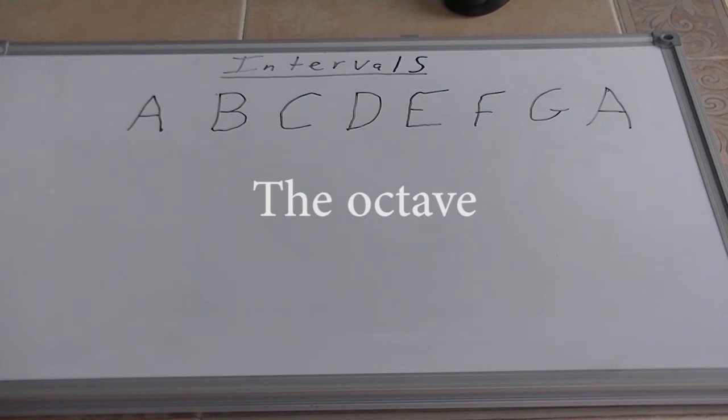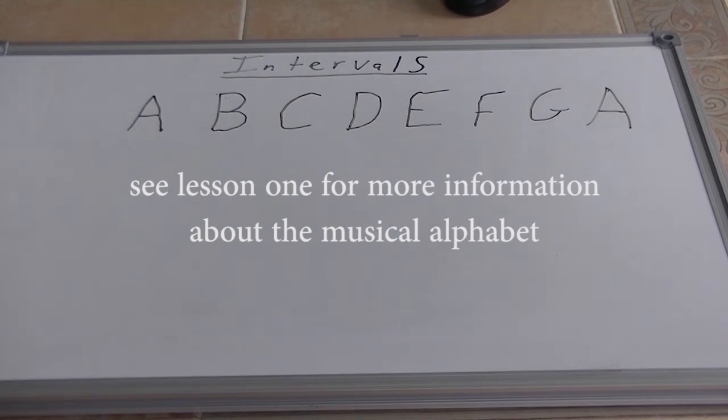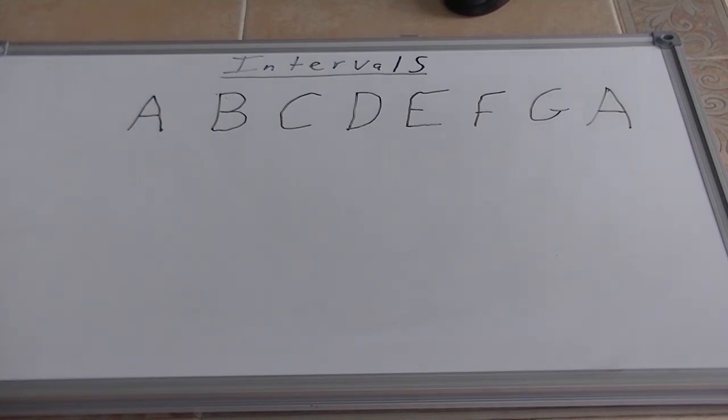As you can see, I have the musical alphabet starting on the letter A and proceeding to the next letter A. The first thing I'd like to do is introduce the concept of an octave.